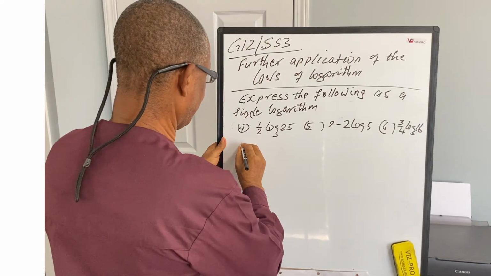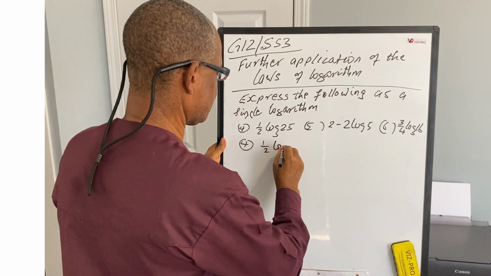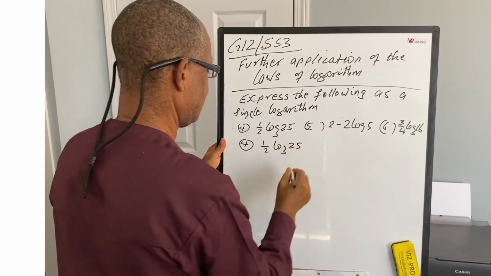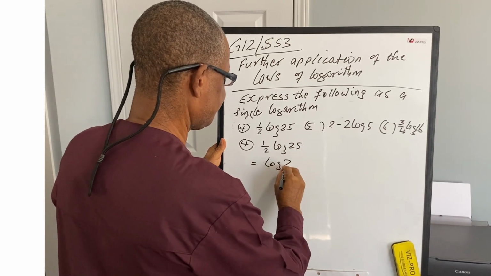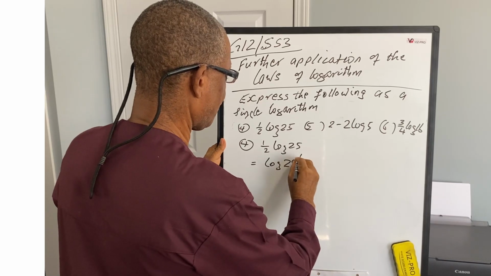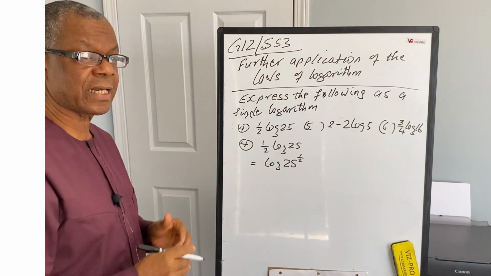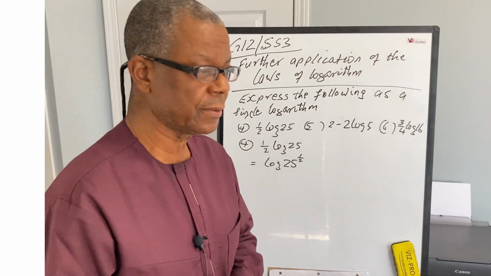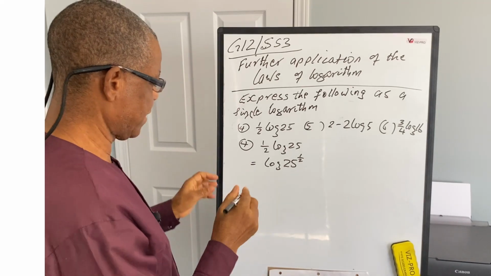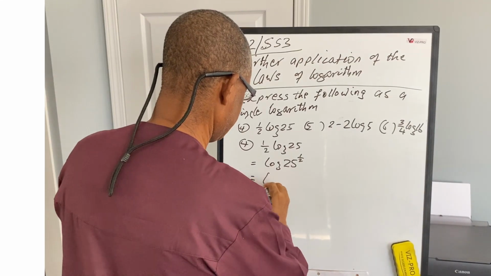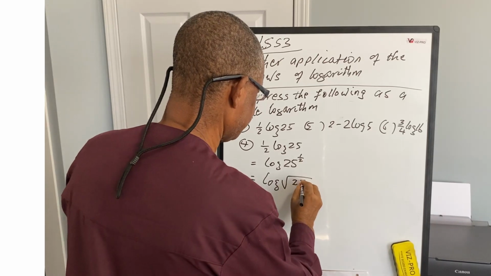For number 4, 1/2 log 25. We express it as log 25 raised to power 1/2. Remember, indices told us that when the power is in a fraction, the denominator becomes the root, while the numerator becomes the power. So this will be log the square root of 25.